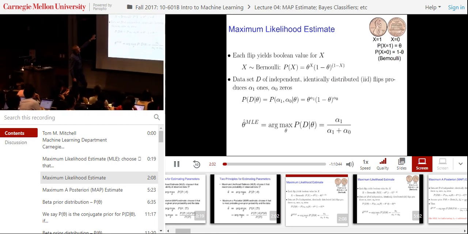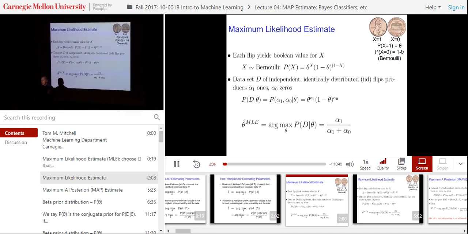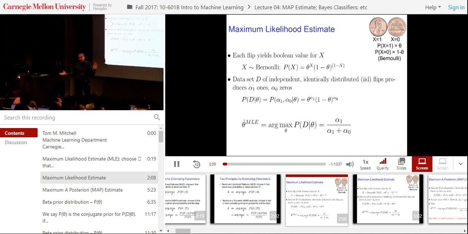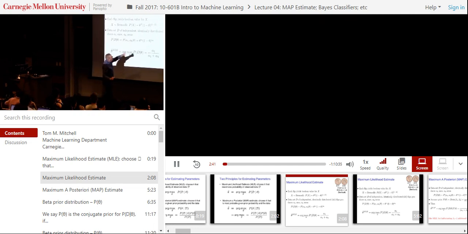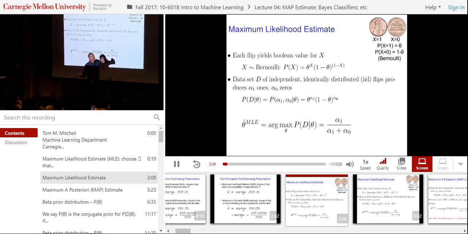So in general, we were talking about coin flipping, and we said, well, we have a random variable, x, that can take on values 0 or 1. We will describe its probability distribution by a single parameter, theta, which is just the probability that it will take on the value 1. And of course, since the probabilities must sum to 1, that's the only parameter we need to estimate because we know the probability that it takes the value 0 is just 1 minus that.